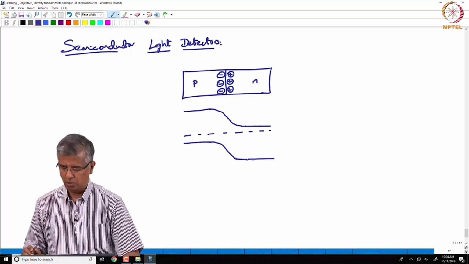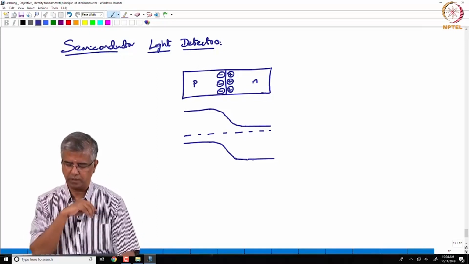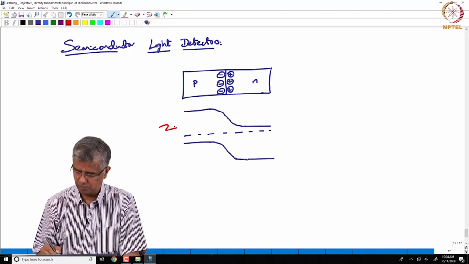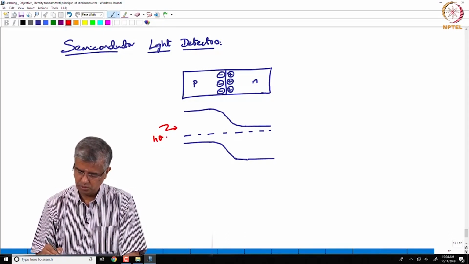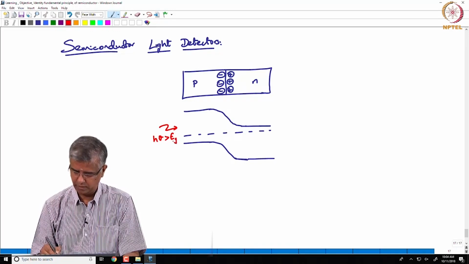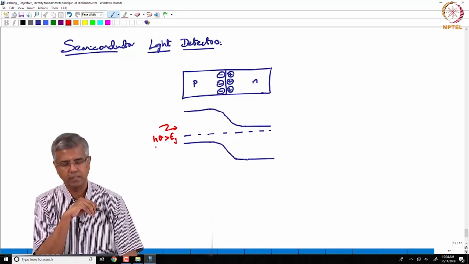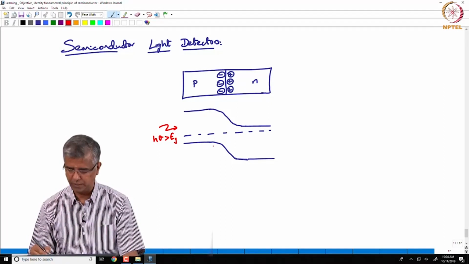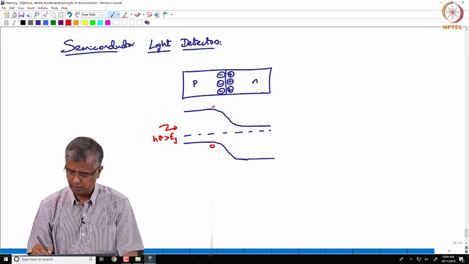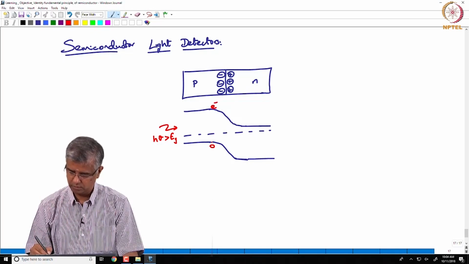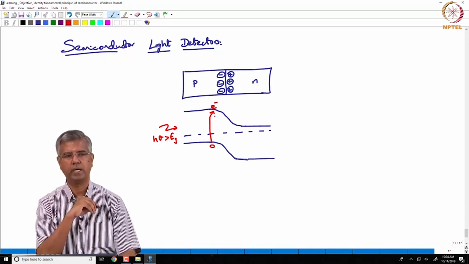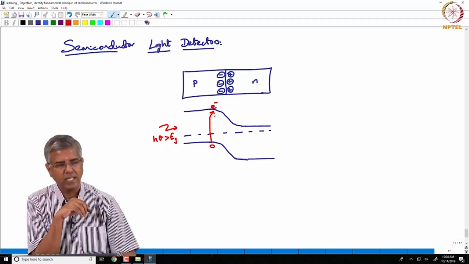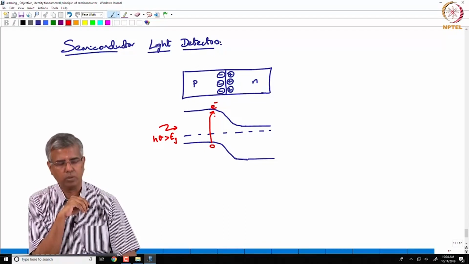Right. Now, what we are talking about is a light detector. So, what we are saying is if you have h nu such that h nu is greater than Eg, the band gap energy, then light will be absorbed by this material, and the absorption is such that it takes an electron from the valence band to the conduction band, leaving behind a hole in the valence band.